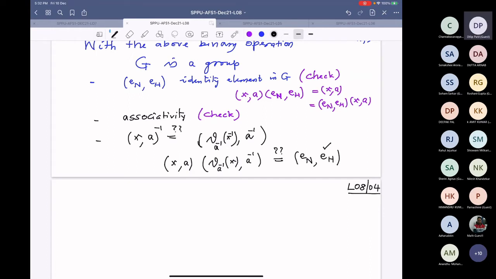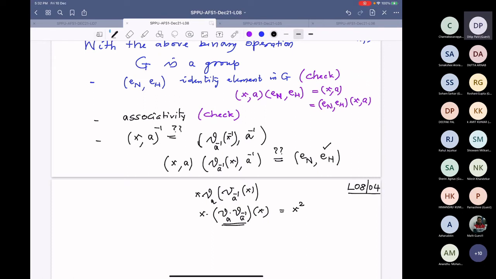Here, what is the definition of this? x times theta suffix a evaluated at theta a inverse of x. If you have said x, then what is this? This is x times theta a composed with theta a inverse evaluated on x. This is the identity, so this will be x squared.